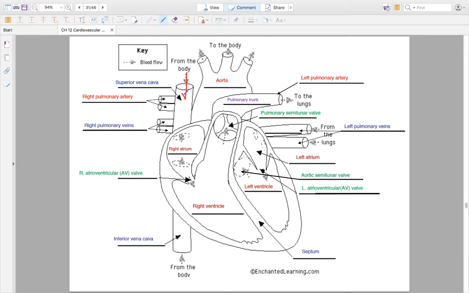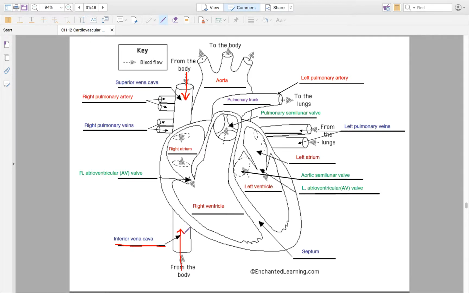So your venous system is returning deoxygenated blood to the heart. The superior vena cava is the main vein into the heart from the upper portion of your body. Then we also have down here the inferior vena cava. Inferior just means that it's below, but it's also going to bring deoxygenated blood from the body.